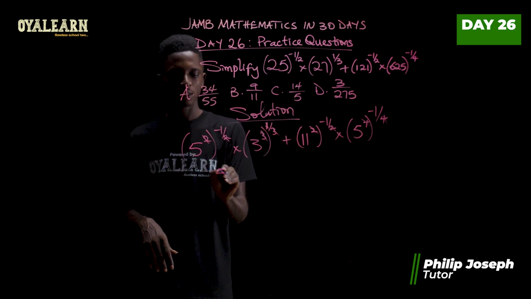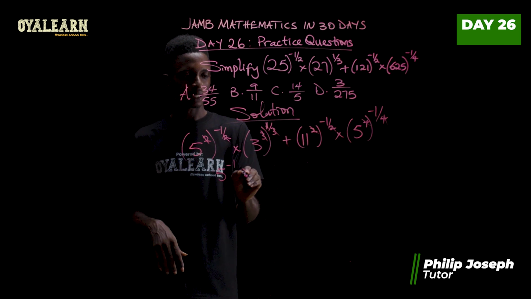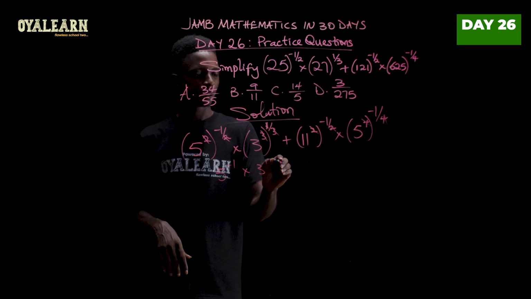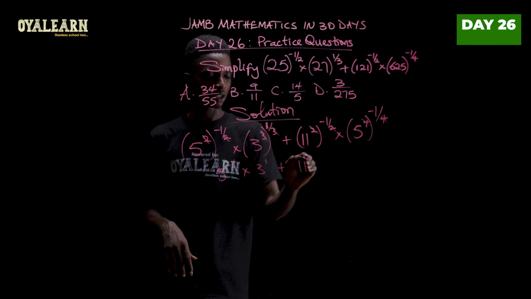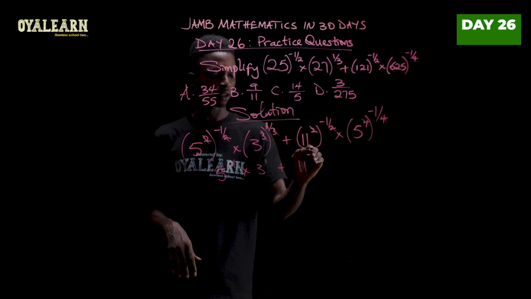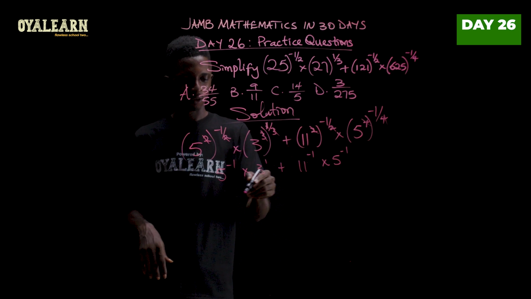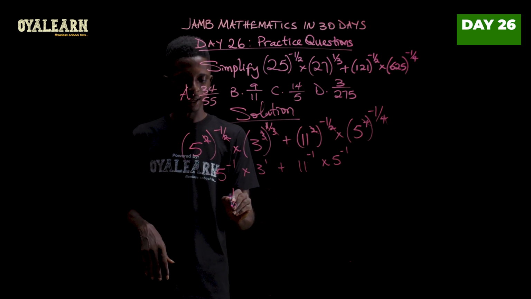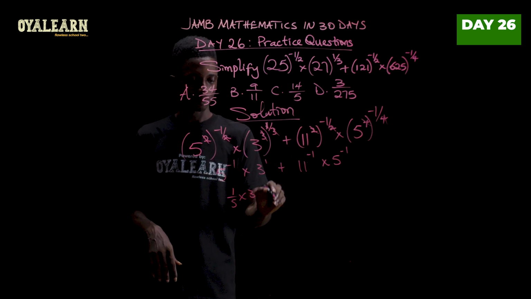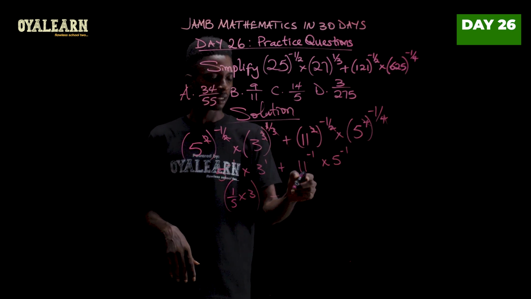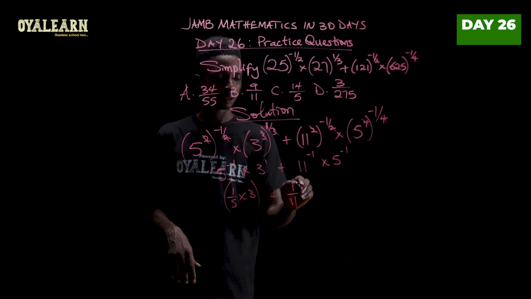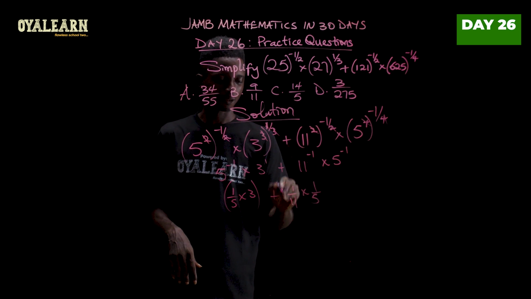So what we have here is 5 raised to the power minus 1 times 3 raised to the power 1, plus 11 raised to the power of minus 1 times 5 raised to the power of minus 1. Now, here what we have is 1 over 5 times 3 plus 1 over 11 times 1 over 5.